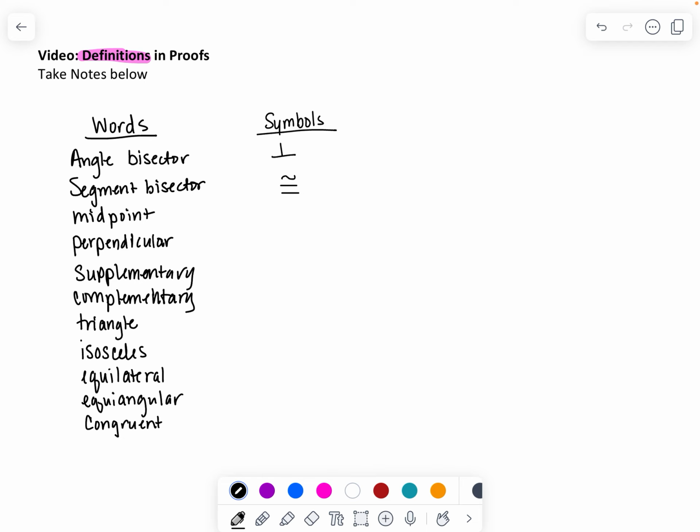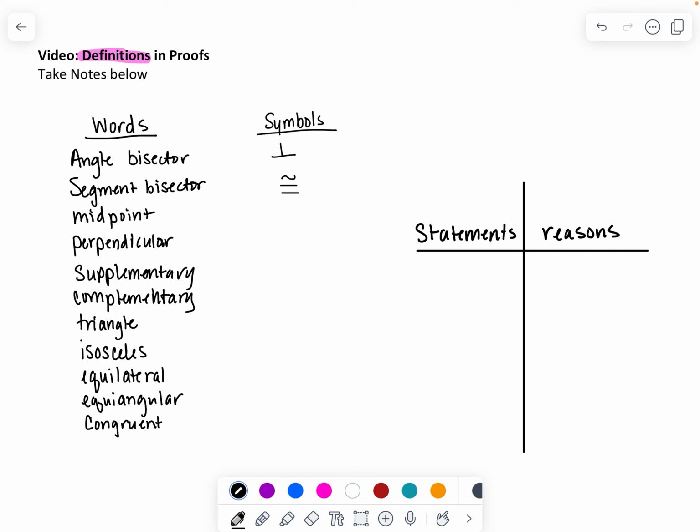So what that means is that when we have our proof, and it has on one side statements, and then on the other side, reasons. If we write out a statement that is a direct result of a word or a symbol in our given, then we're going to write as a reason definition of, and then we use the word that we defined.